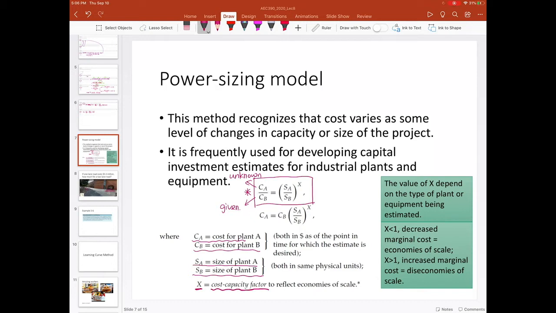Remember I said that? So sometimes you have economies of scale, like the more you build, actually the average cost is getting down. But it's not always the case. Sometimes it can be diseconomies of scale. It happens when your company gets super big.